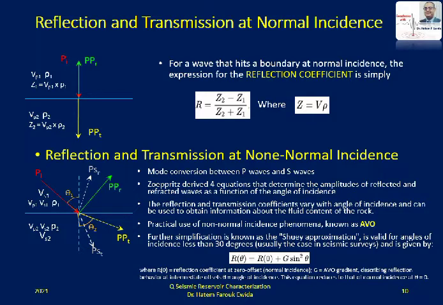So R naught is the reflection coefficient at zero offset, which is the normal incidence. G is called the AVO gradient, which describes the reflection behavior at intermediate offsets. Theta is the angle of incidence. And this equation, we will see how much we use it to identify the lithology and fluid within the reservoir.